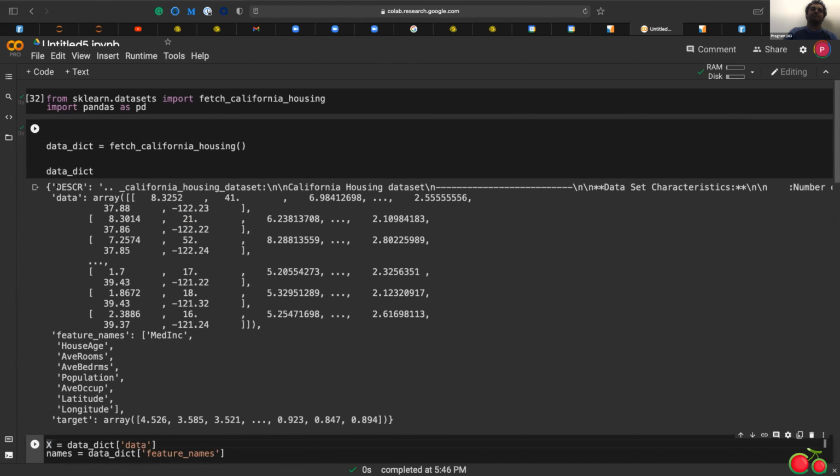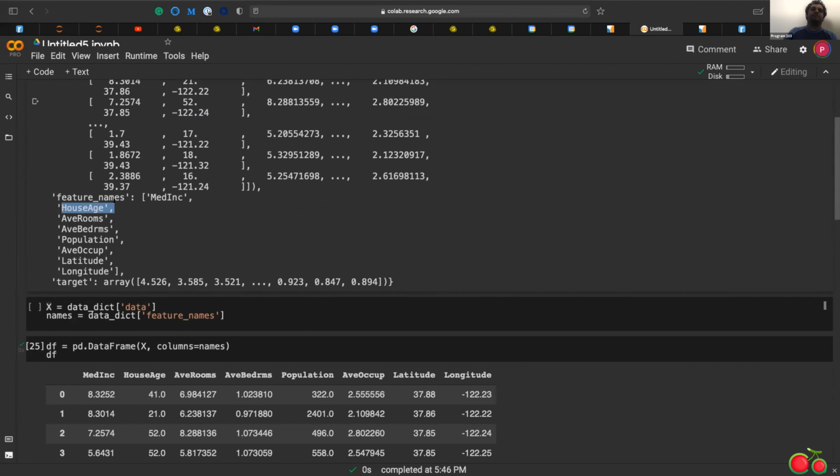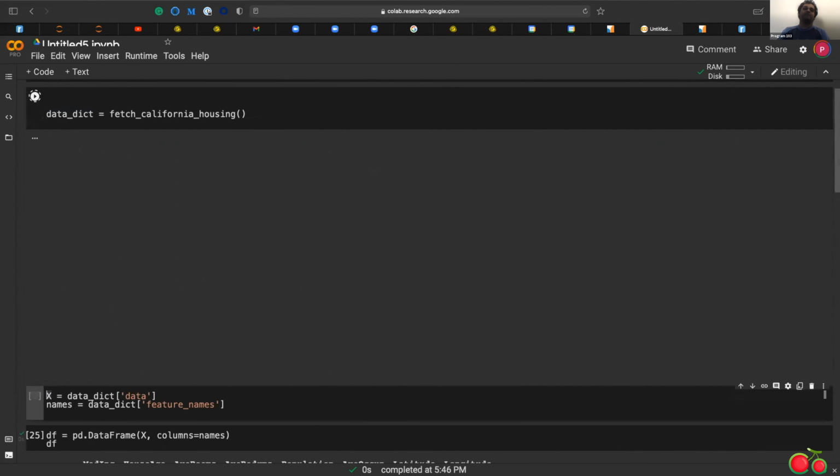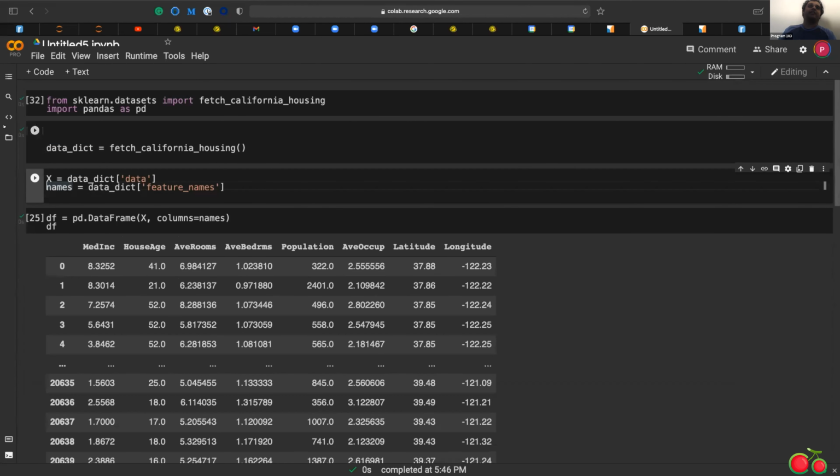Okay. So there's a description. There's feature names. There's target. We'll not worry about target so much right now. We'll define that later. And then we have the data. Okay. So what I've done here is I've pulled that data. Okay. And then I've pulled the names of the features.